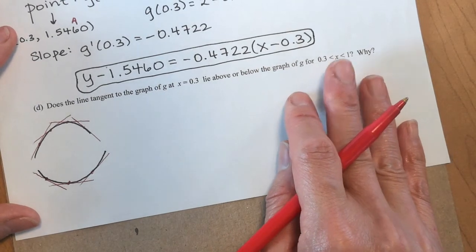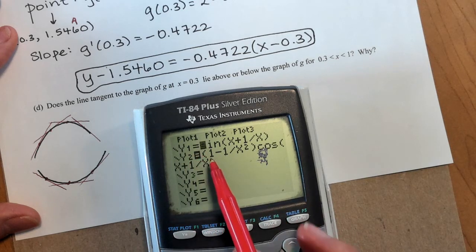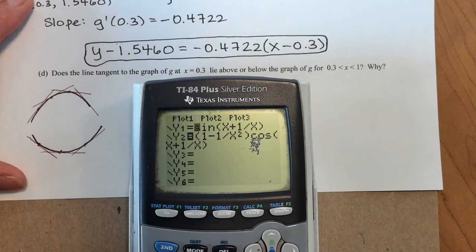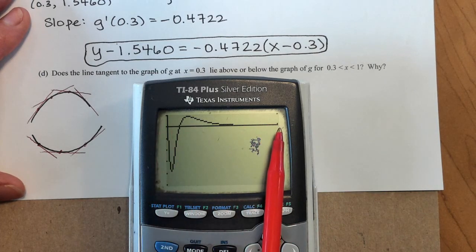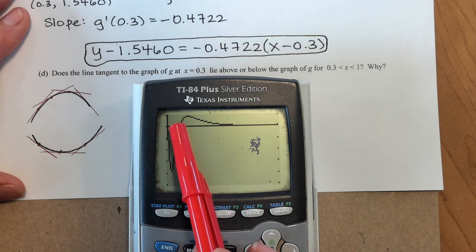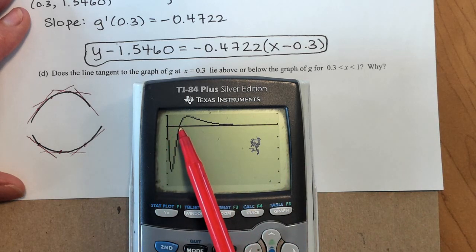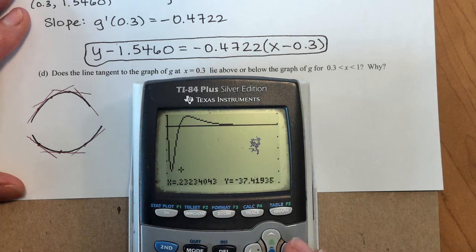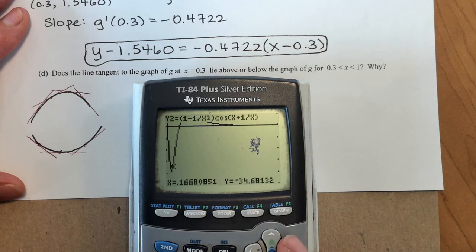We actually already looked at this graph, but let's go back to the graph. So again, I have the second derivative here in the y2 equation, and we looked at the graph. This was from 0.12 to 1 from when we were doing part B. And we found that this 0 right here was at 0.22. So if I move my cursor along the curve, 0.22 is about where the 0 is.